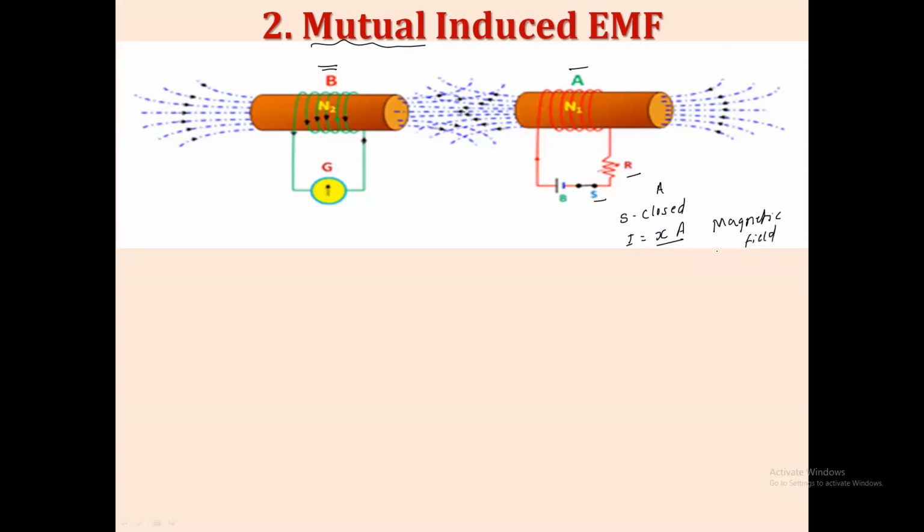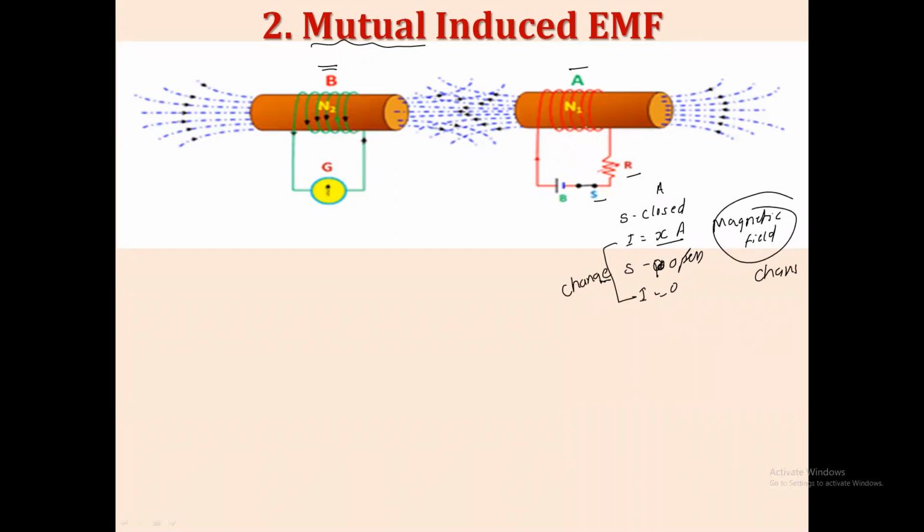Is it right? Now, when switch S is opened, then I becomes 0. And when we continuously open and close the switch, definitely the current value goes on changing. And due to that, the magnetic field is also changing.